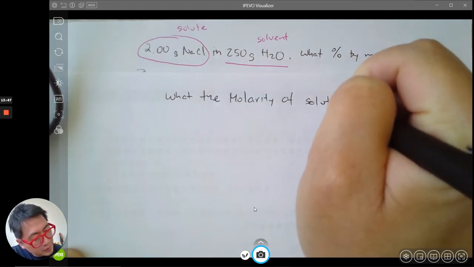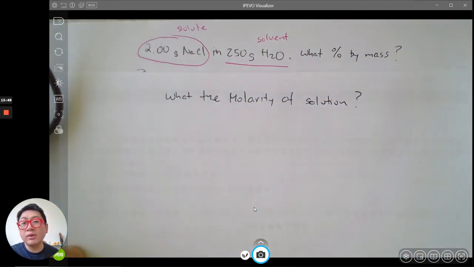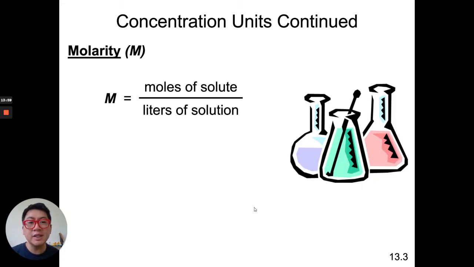I know I'm not writing proper grammar, but whatever, you get the point. What's the molarity of the solution, if you had 2 grams of salt in 250 grams of water. First of all, the equation is molarity, capital M, is equal to moles of solute divided by the liters of solution. I wrote it down this time.